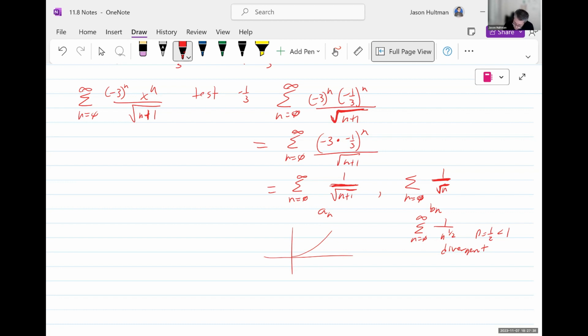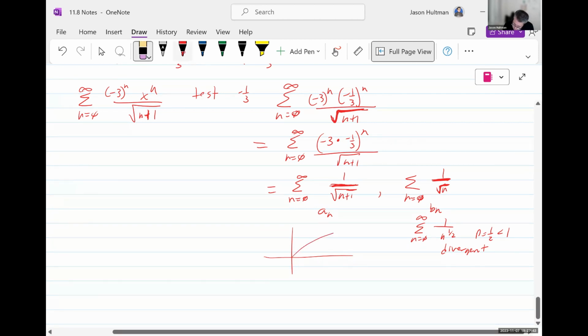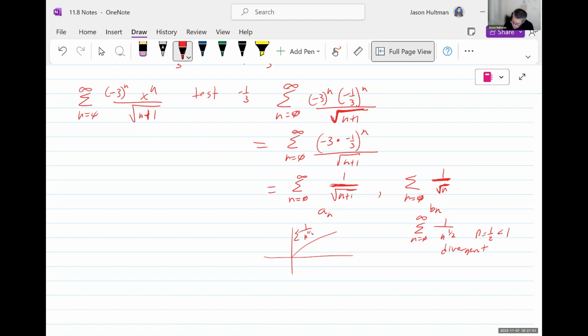Maybe it will look like this. It just diverges, it keeps growing. Summation of 1 over n to the 1/2, and then this thing's always less than it. It starts off at 1, whereas this thing, we actually have to start off at 1 too. But this actually starts off at radical 2 over 2, because we have to back it out a term, because I can't divide by 0.